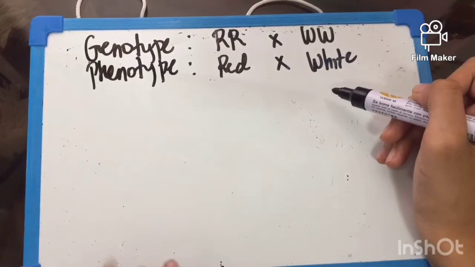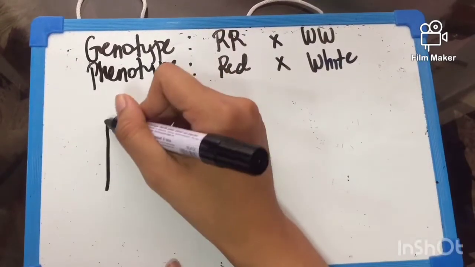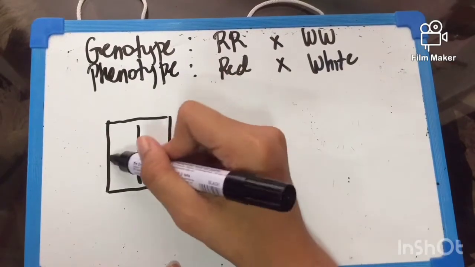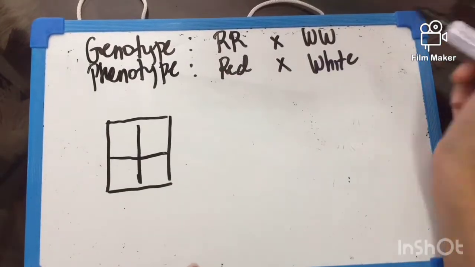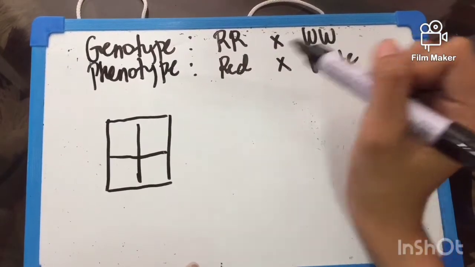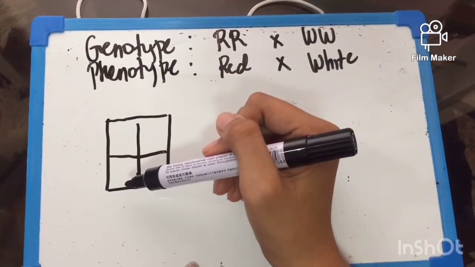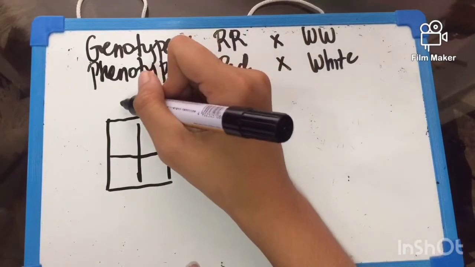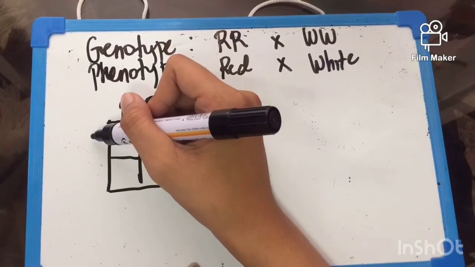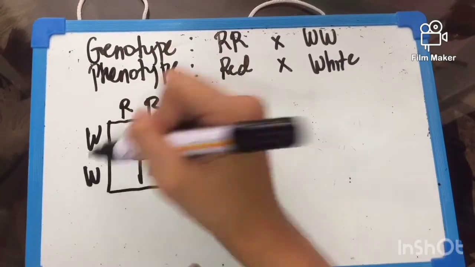Now let's solve for the Punnett square. Since RR and WW, you will put that outside the box. This is for red, RR, and on this side for white, WW.